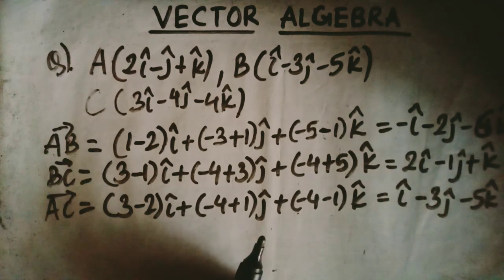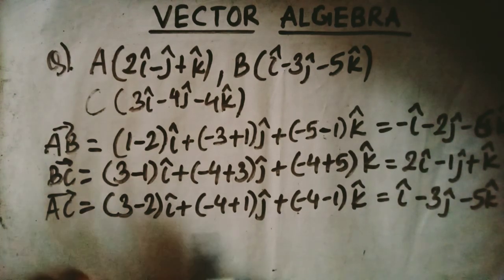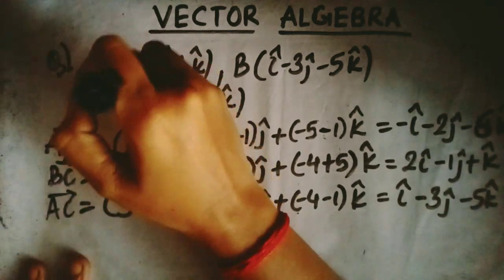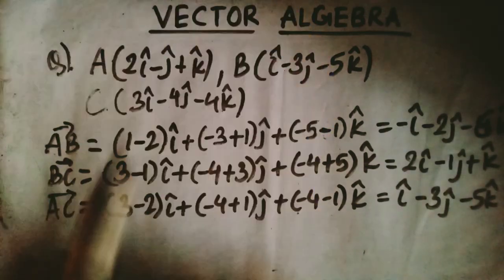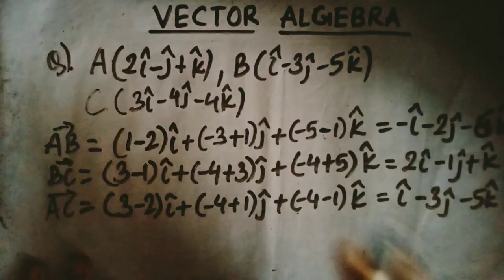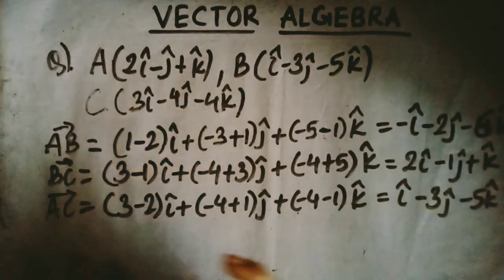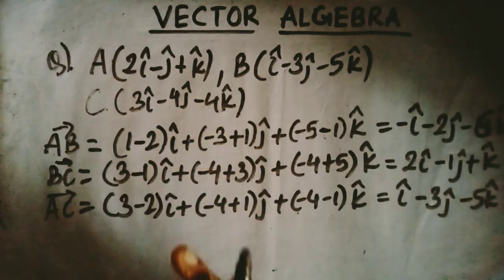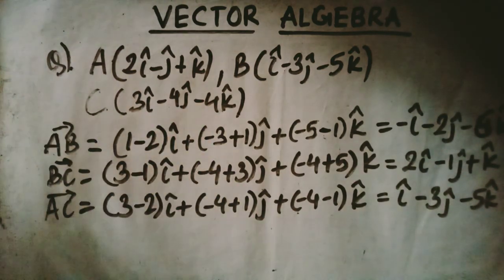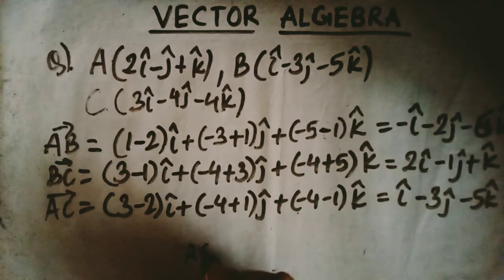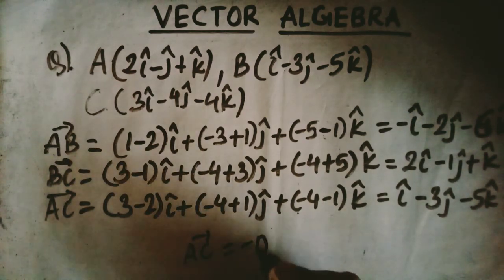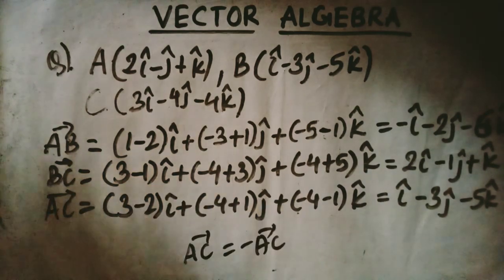A to B, B to C and AC. C minus A. When you calculate magnitude, it doesn't matter if you are taking from A to C or C to A, because magnitude will be the same. AC vector is the same as minus AC vector, in the negative direction.